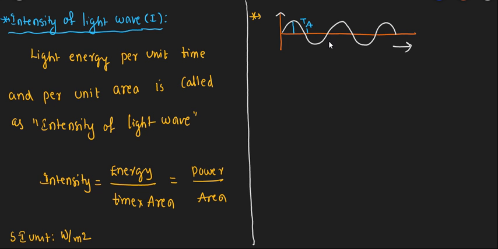Intensity of the light is directly proportional to the amplitude. We take the amplitude as small a. In the book it will be written as small a.